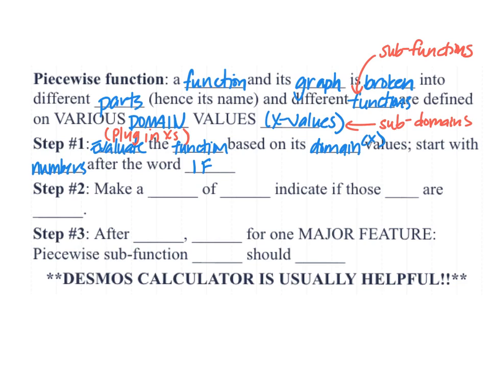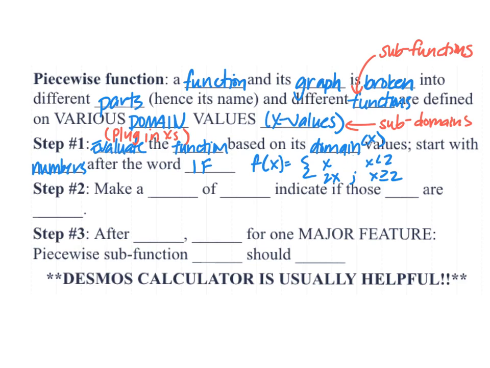Now, some functions are written f of x equals, and then you have a big brace, and then you have a couple functions, and then you have if maybe x is less than 2, if x is greater than or equal to 2. Sometimes you might see it written without the if. Sometimes you might see it written with a semicolon instead, but it means the same thing.